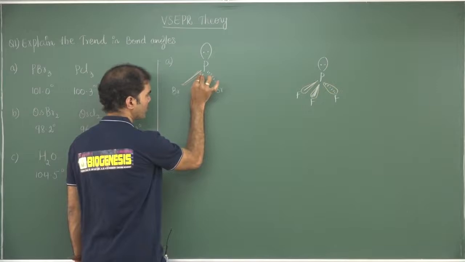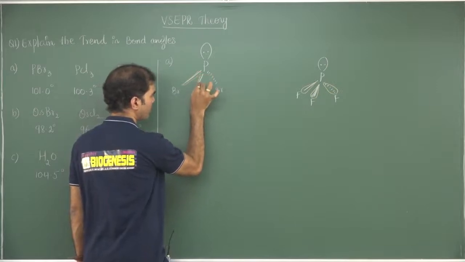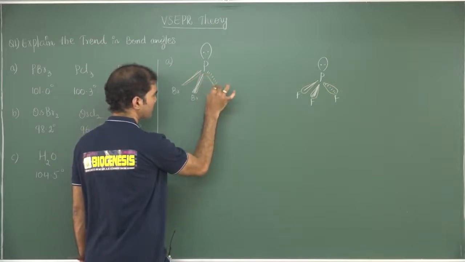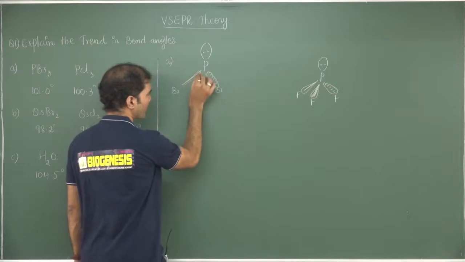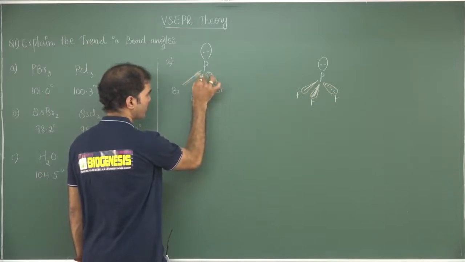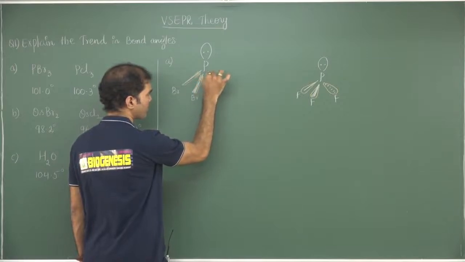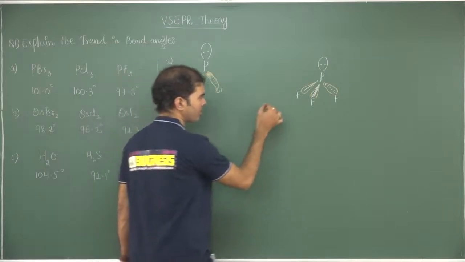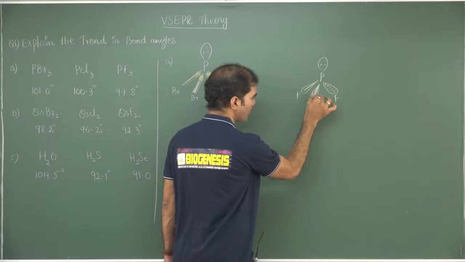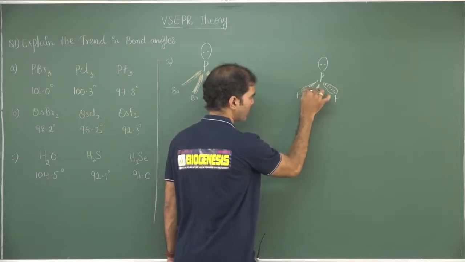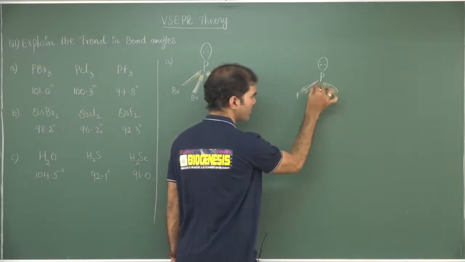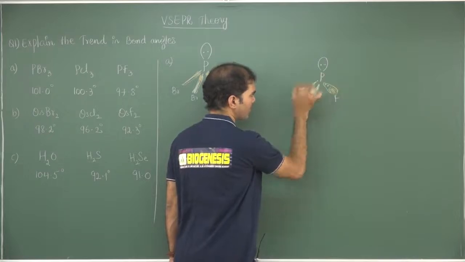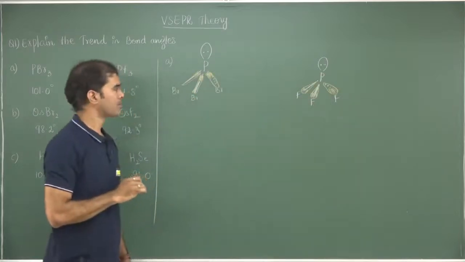I am just exaggerating it for our better understanding. There is more electron density very close to phosphorus, because bromine is less electronegative. When I come towards fluorine, it is more electronegative, therefore it is drawing electron density towards itself, and there is less electron density around the phosphorus.